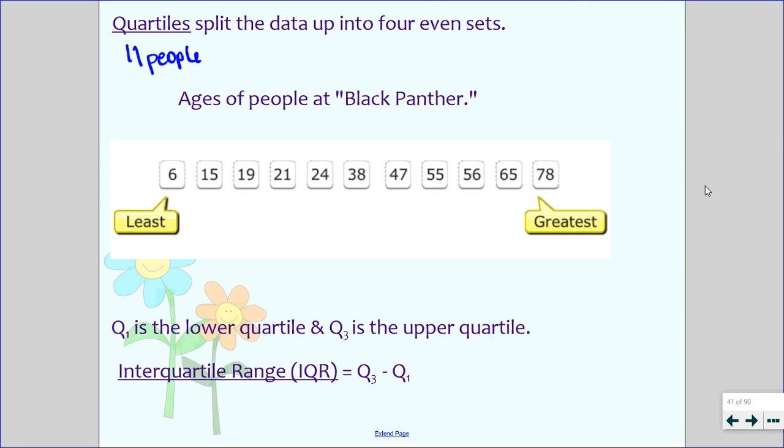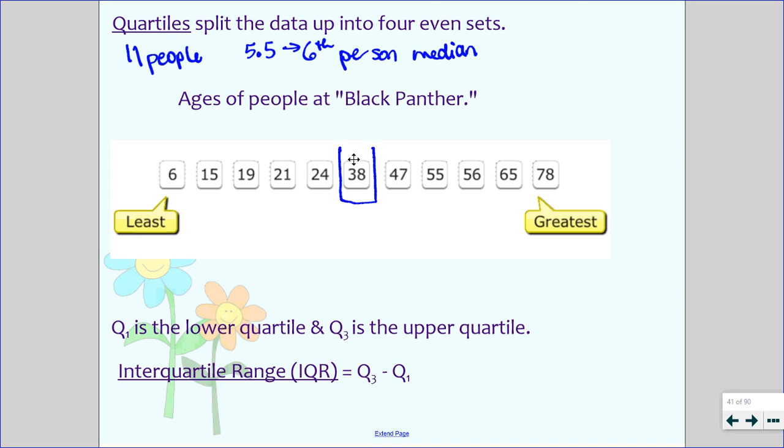If I divide that by 2, the 5th person, or in other words, the 6th person, is going to be my median. So when you list the people in order, in this case, youngest to eldest, you can count 1, 2, 3, 4, 5, 6. And that is my median.